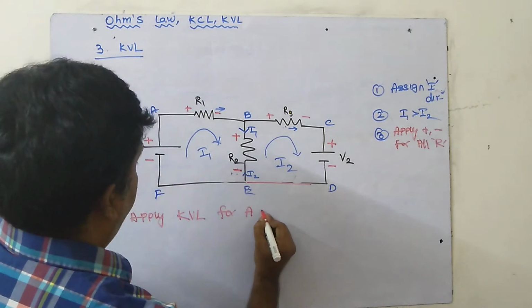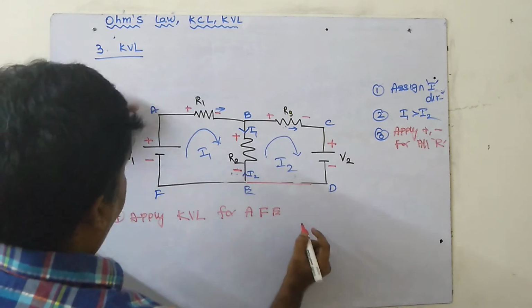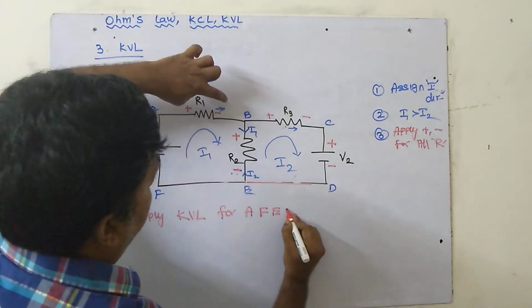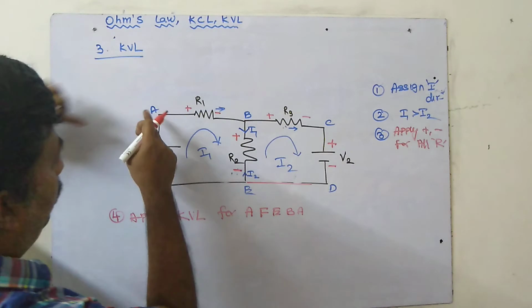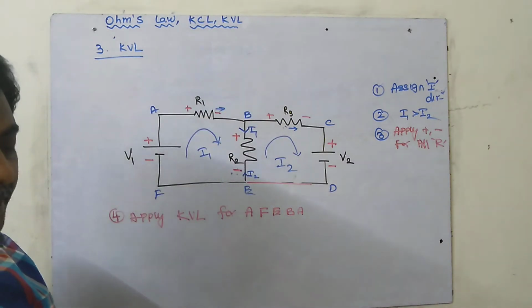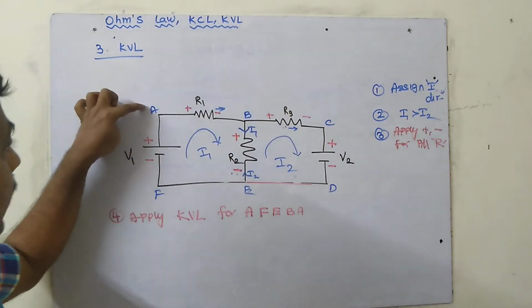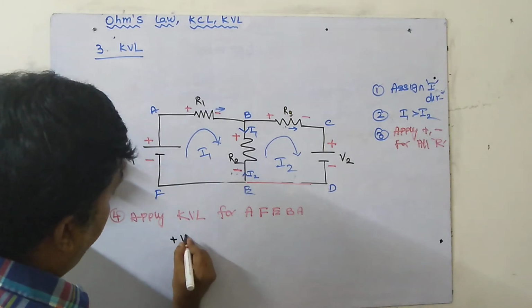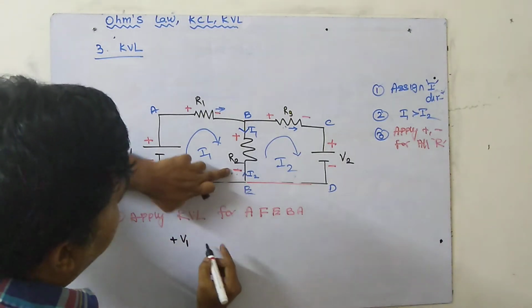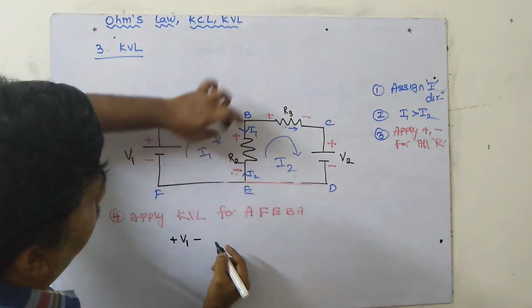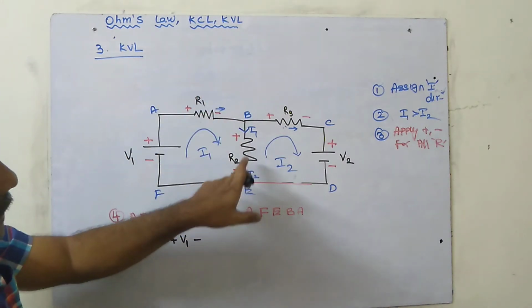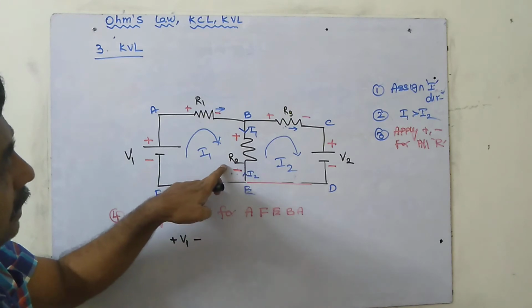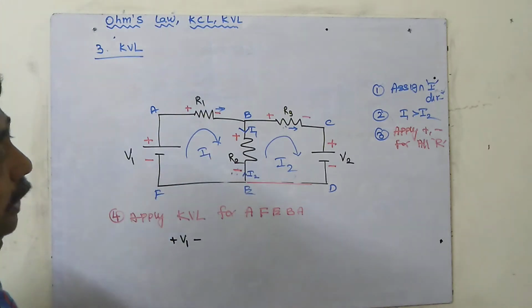A F E B A. In this direction only I have to apply, and this will be easy. When I am coming, this is plus V1, then coming to this resistor it is minus. What is the voltage across R2? The current into the resistor. Is the current I1 minus I2 or I2 minus I1?